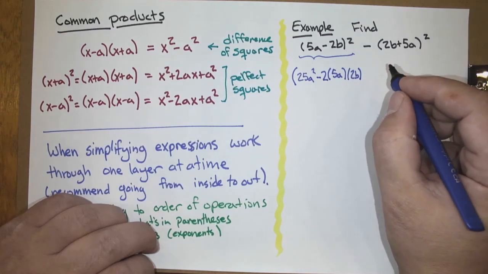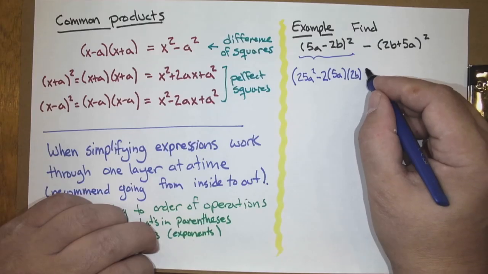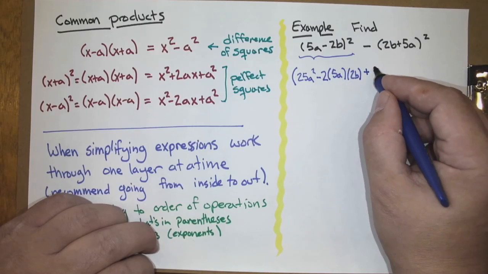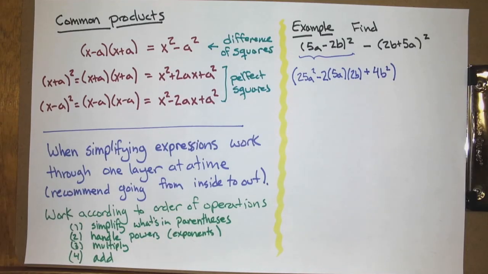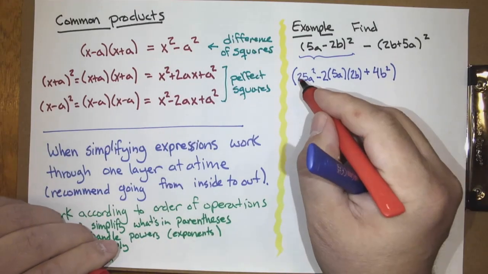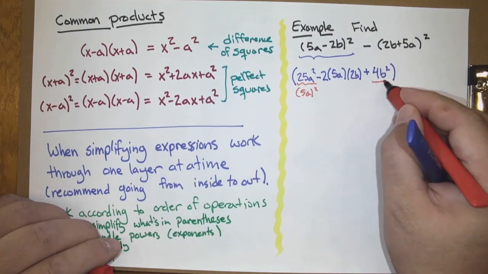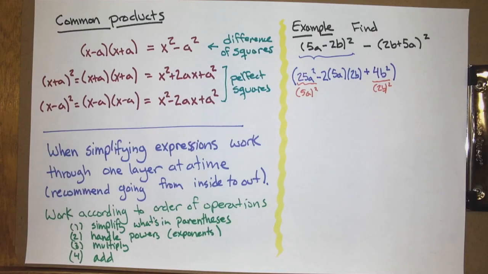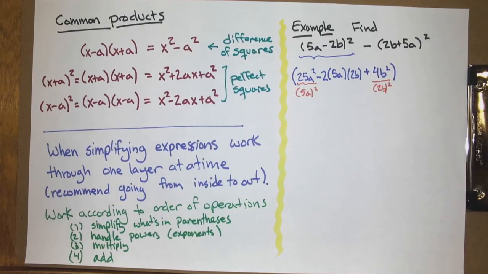And what else do we need? Plus 4b squared. Plus the last term squared, 4b squared. So we could have written this 25a squared as 5a quantity squared, this 4b squared as 2b quantity squared. So we're using difference here, and we're taking a square of a difference.